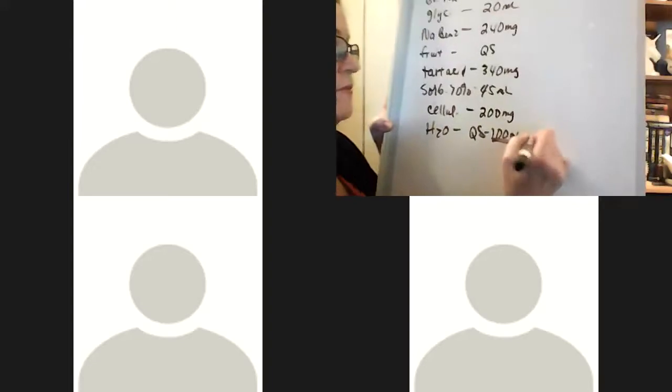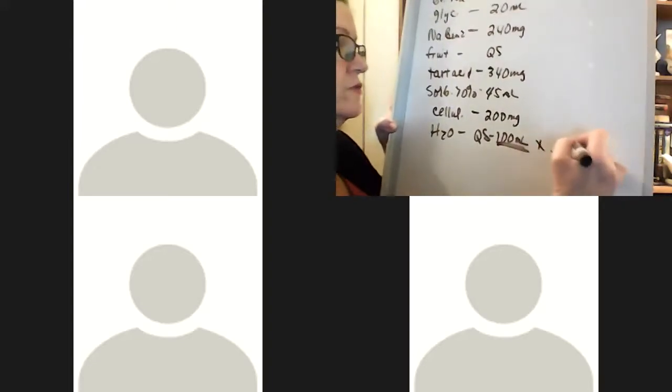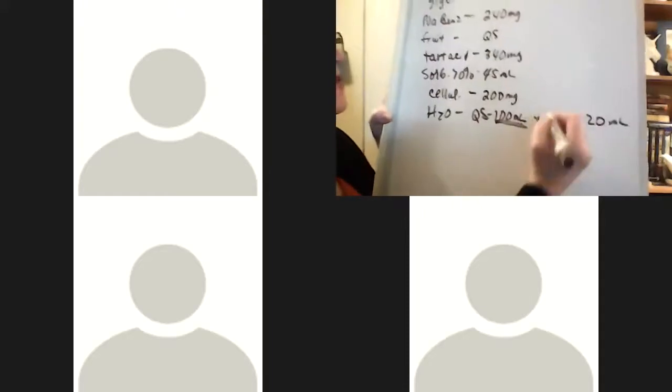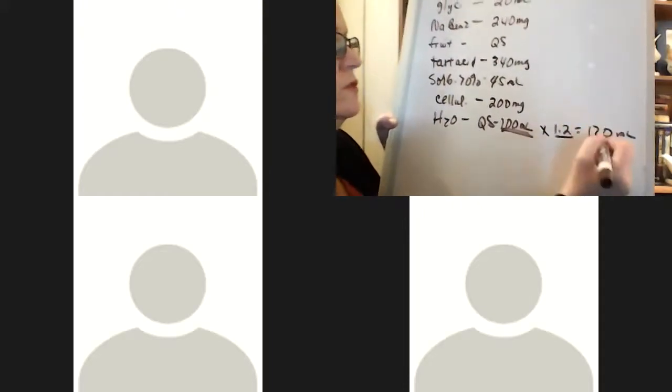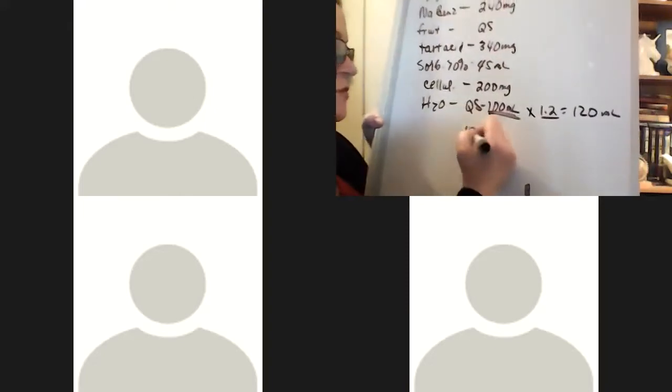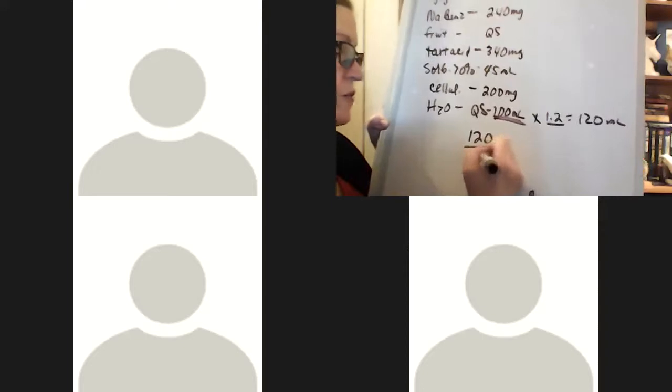So now it wants to know how to make 120 milliliters. So you just want 20% more, don't you? So 100 times 1.2 is 120, right? So the way that you figure that out is you take what you want and divide it by what you have.